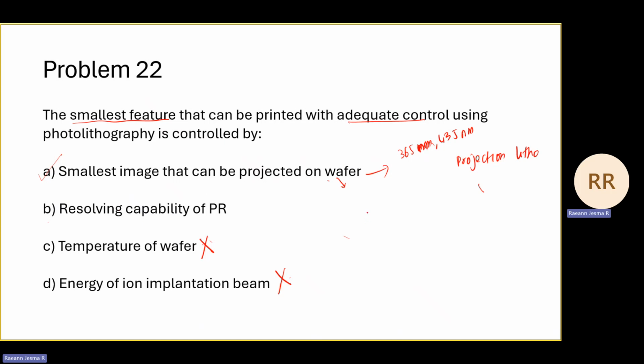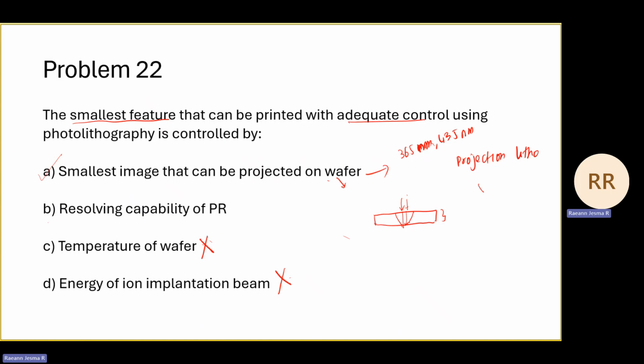In one of the previous questions, I mentioned that the photoresist thickness also plays an important role. If we have thicker photoresist, then you will need more exposure dose or exposure time for the light to penetrate through the photoresist. And if you increase the energy or the time of the exposure, there is a chance that it will spread.